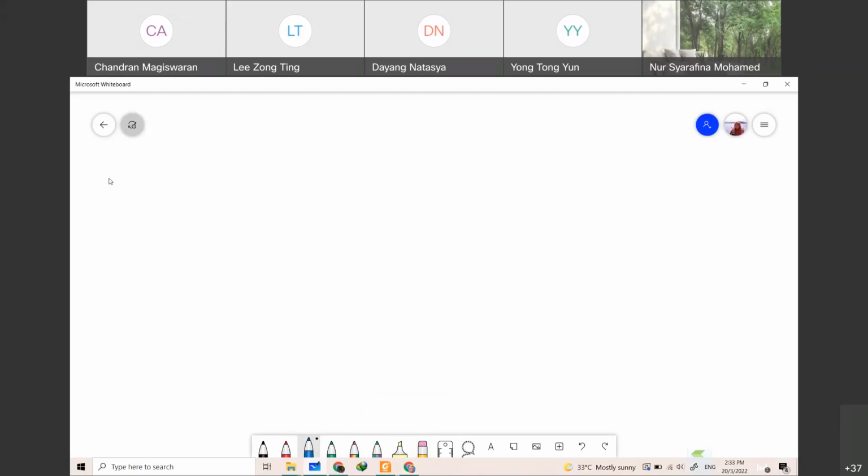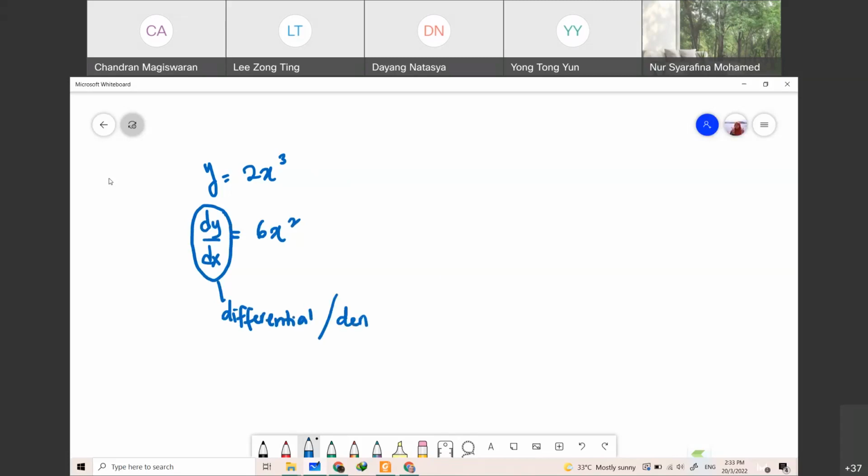So let's say you have y equals 2x cubed, and then you differentiate, you will have dy/dx equals 6x squared. This is what we call a differential or derivative.